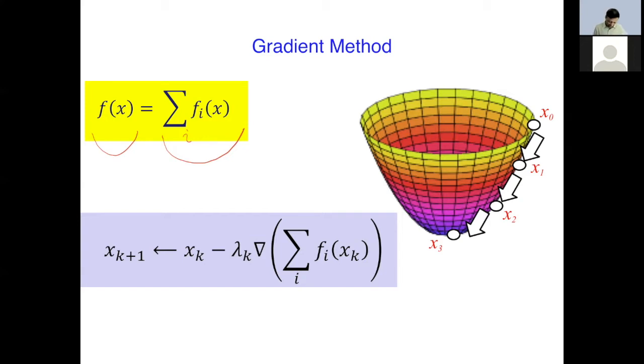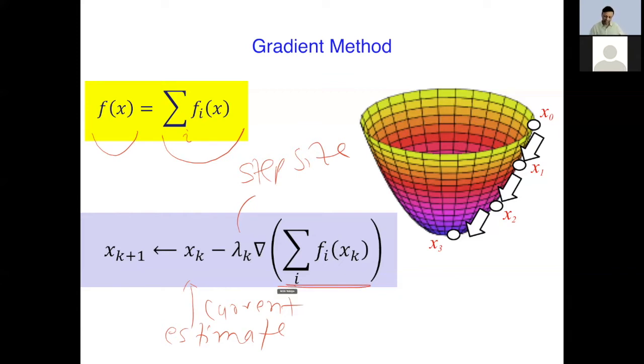So one iteration of the algorithm is that, suppose the current estimate is xk after k steps, and we want to compute xk plus 1. xk plus 1 is equal to xk minus the step size multiplied by the gradient of the cost function, in this case f(x), but the function happens to be equal to the summation, therefore it's the gradient of this summation of fi(x).